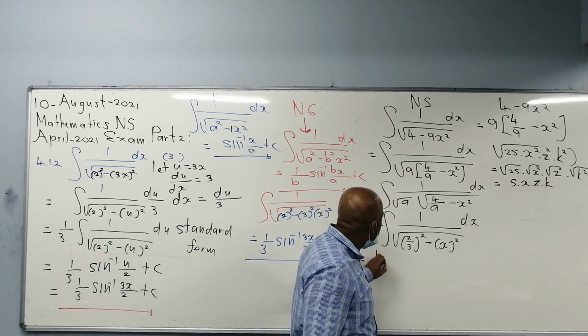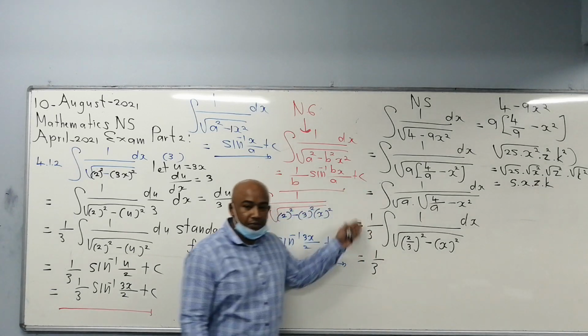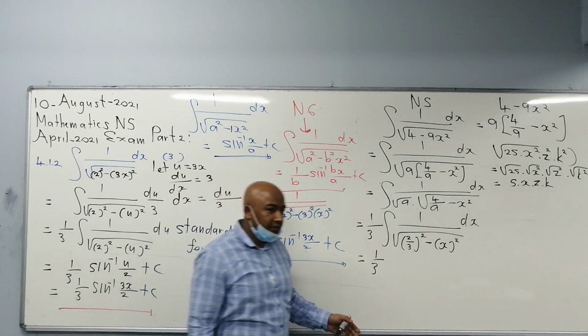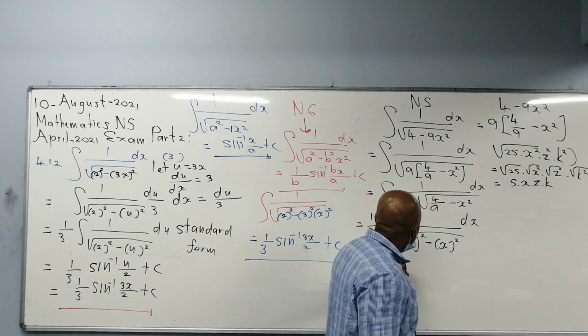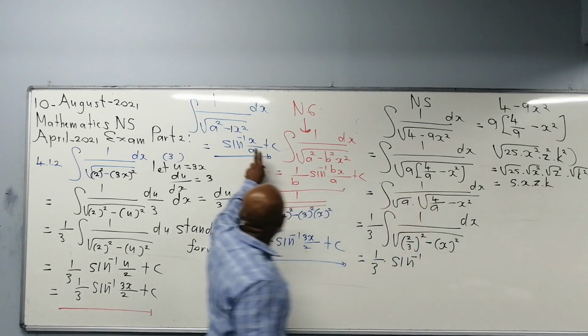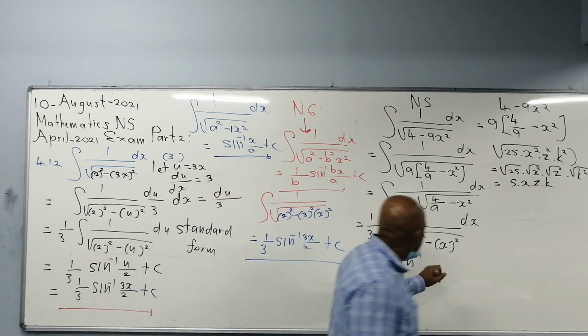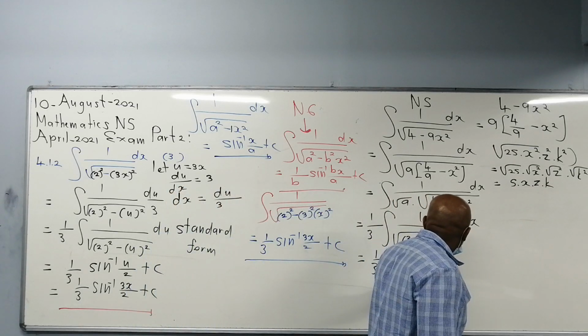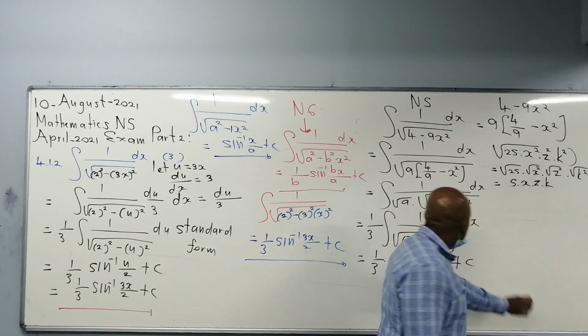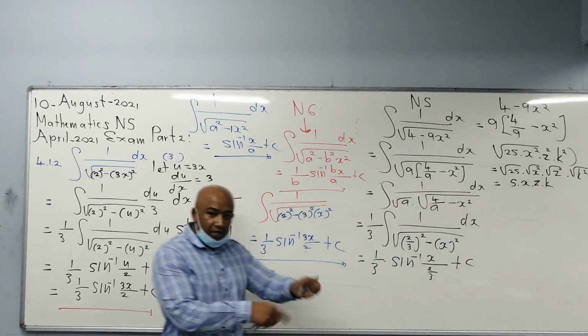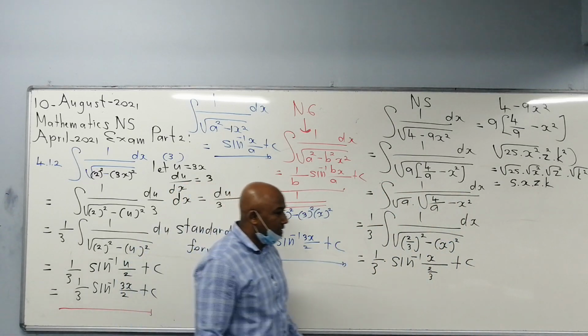Now, you've got your 1 over 3. Well, that's part of the problem. There's your 1 over 3 times inverse sine. I'm using the N5 formula sheet. There it is: inverse sine of x over a. There's my x here, so that's x divided by 2 over 3. I'm done. All I need to do is simplify that last part.